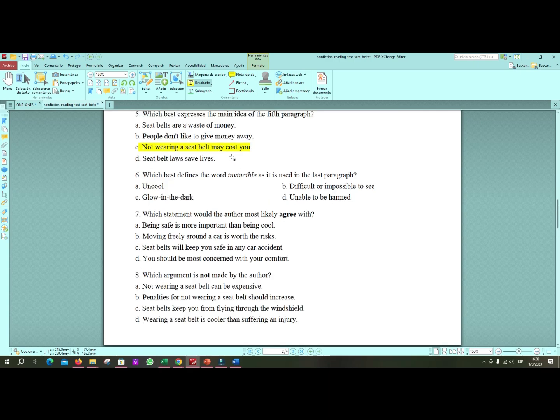What about 6? Which best defines the word invisible as it is used in the last paragraph? Uncool, glow in the dark, difficult or impossible to see, unable to be harmed.